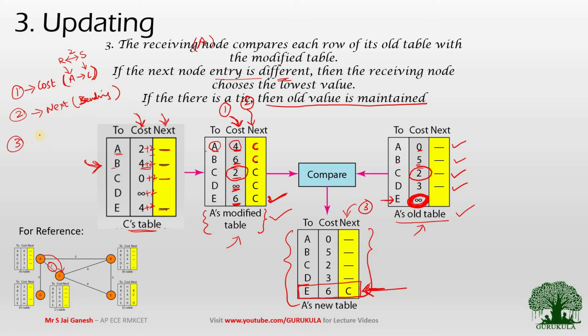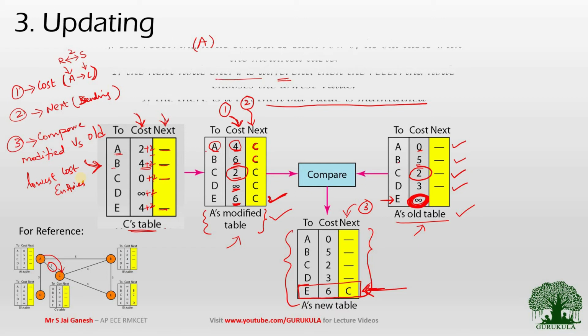And then the third step is you need to compare the modified table versus the old table, and you always choose the lowest cost entries. This is the summary of the three steps that you need to perform in the updating stage. So that completes the updating stage.